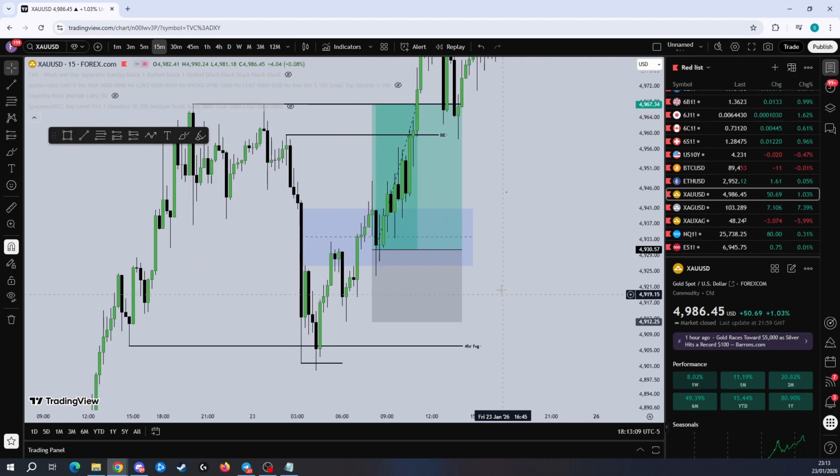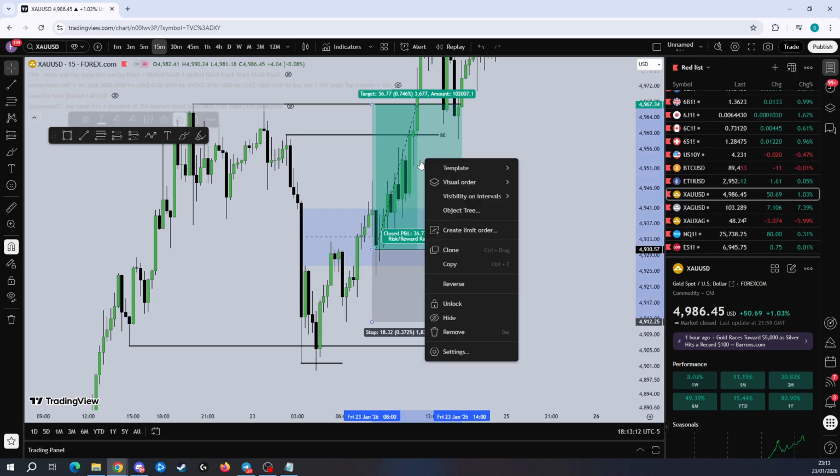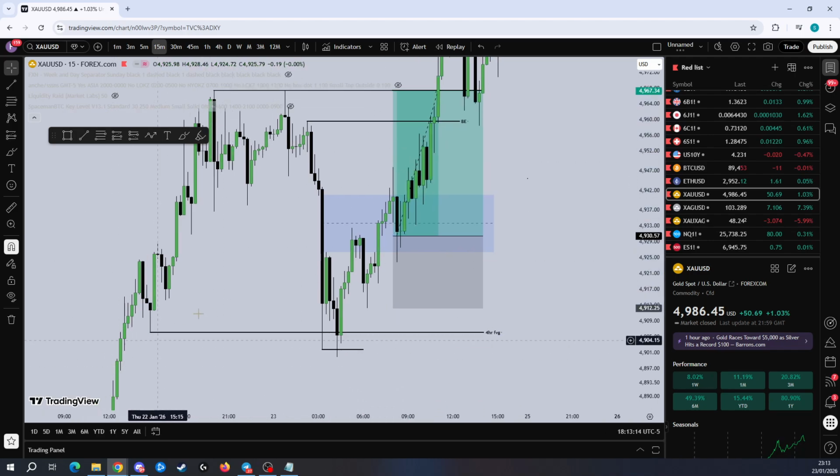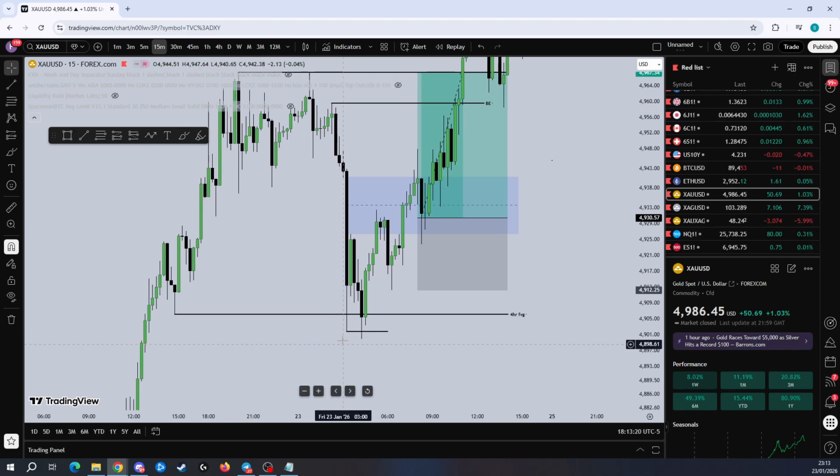But yeah, we'll quickly go over this trade. So we have the 4-hour fair value gap in higher time frame bullish order flow. We have the all-time highs, which is the external high, internal low, displaced higher, and then on the 15-minute we formed this order block, and then we retraced back into the order block.